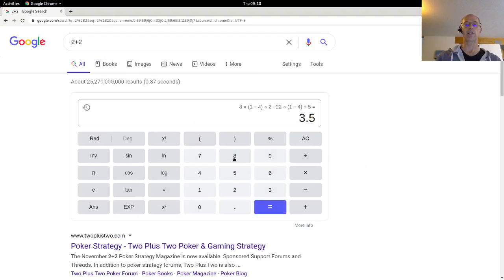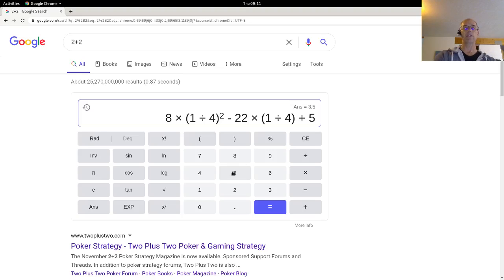So we'll try again. 8 times parentheses 1/4 raised to the power 2, that looks better, minus 22 times parentheses 1/4 plus 5.